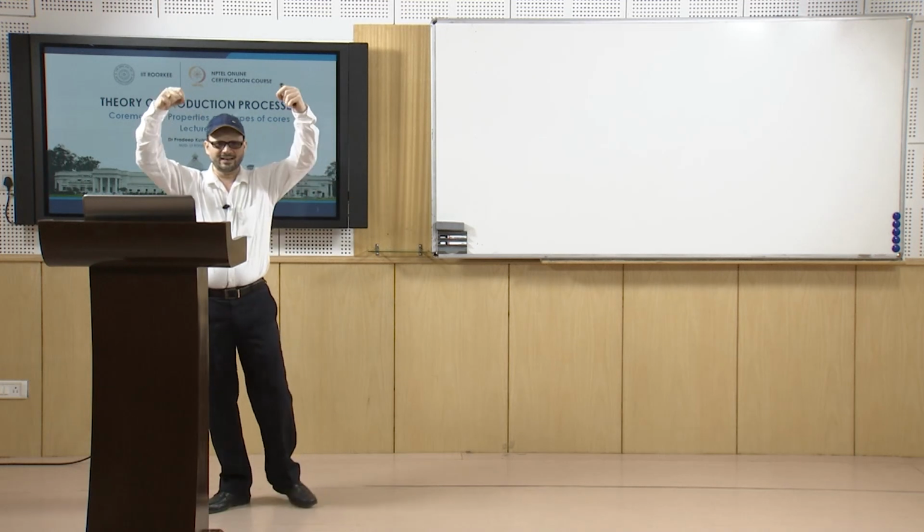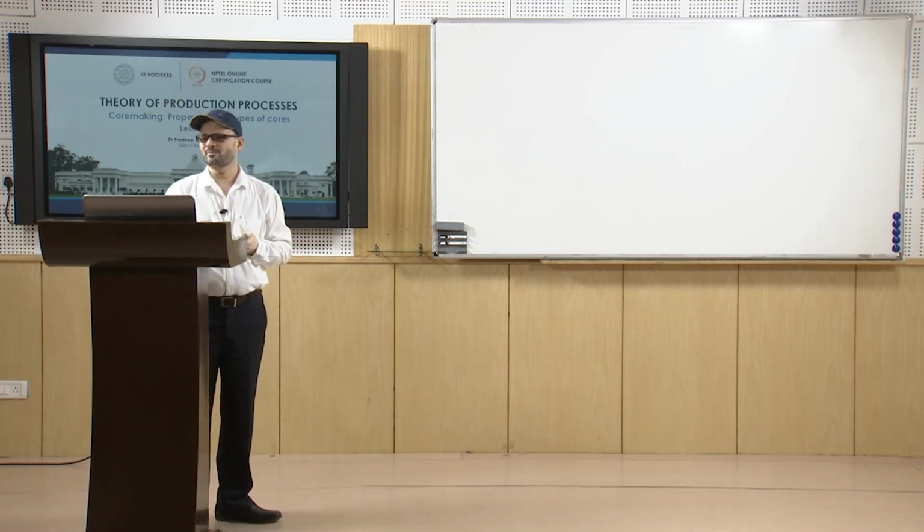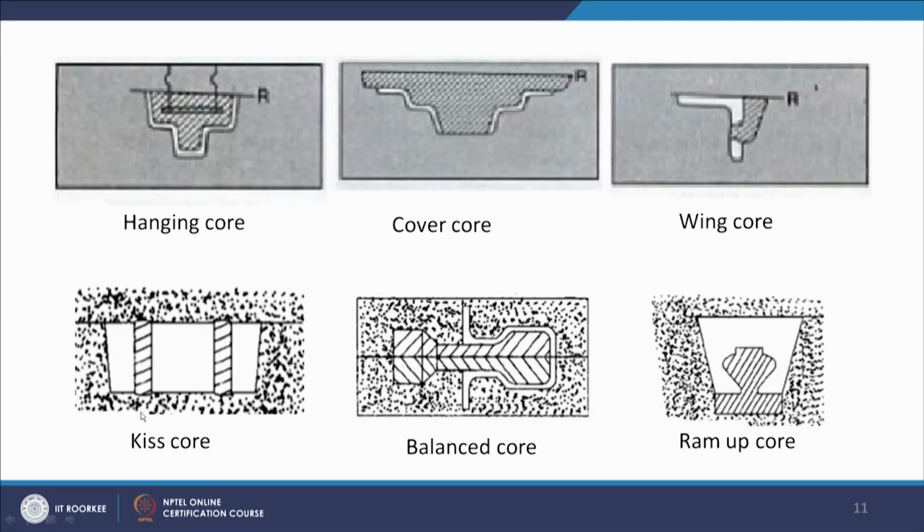It is fastened with wire or rod and extends through the cope to a fastening on the top side of the cope. As you look at this hanging core, the core is not touching anything at the bottom; it is hanging from the cope portion. So, that is known as a hanging core.